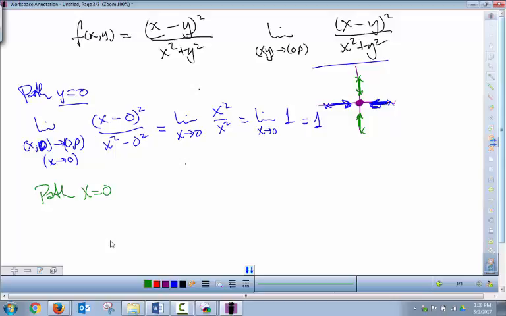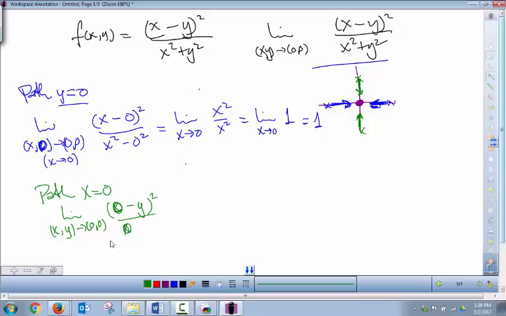So if we take the path where x is equal to 0, take the limit as x, y. Well, actually, x is equal to 0, so I can replace the x with 0 already. So this is essentially the limit as y approaches 0. Well, no, x is equal to 0 minus y squared.